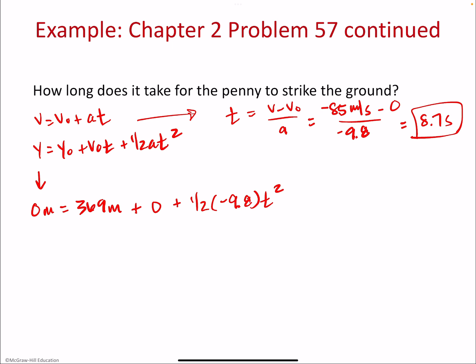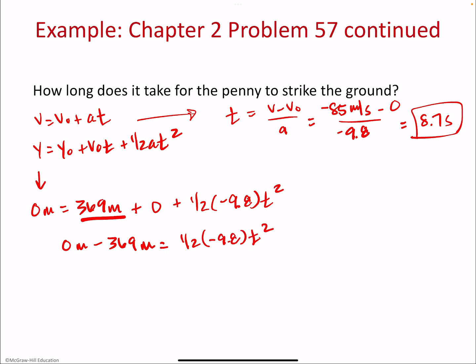What do we need to do first? I would get this part over first. So how do you get that over? So it's 0 meters minus 369 meters equals 1/2 times negative 9.8 t squared.